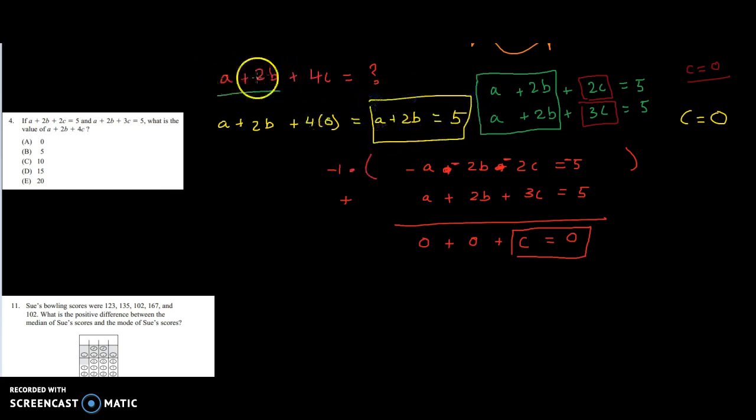So therefore, a plus 2b plus 4c, it really doesn't matter what number we put in front of c, because it's just 0. It's always going to be equal to 5. 5 is our answer.